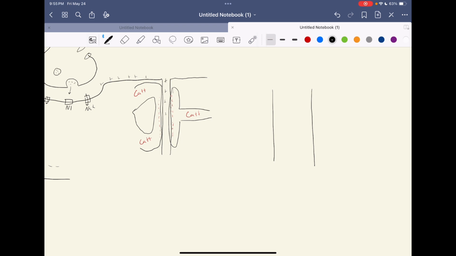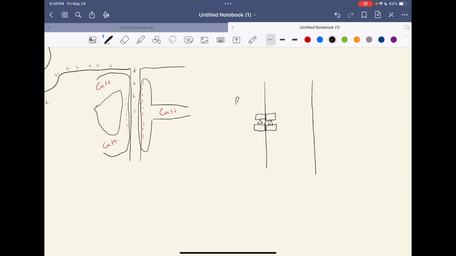One is called dihydropyridine, and it's called a channel, but it doesn't actually open like a channel does. It actually is basically a receptor for this structure I'm drawing now, which we call ryanodine. So this is, we will call it RYR, and DHP, dihydropyridine.